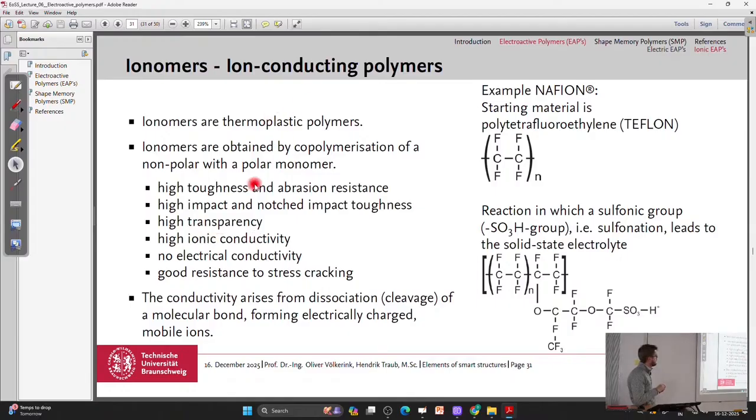This is what we are needing for our actuators. They are not electrically conductive, and we have a good resistance to stress cracking, so a tough material.